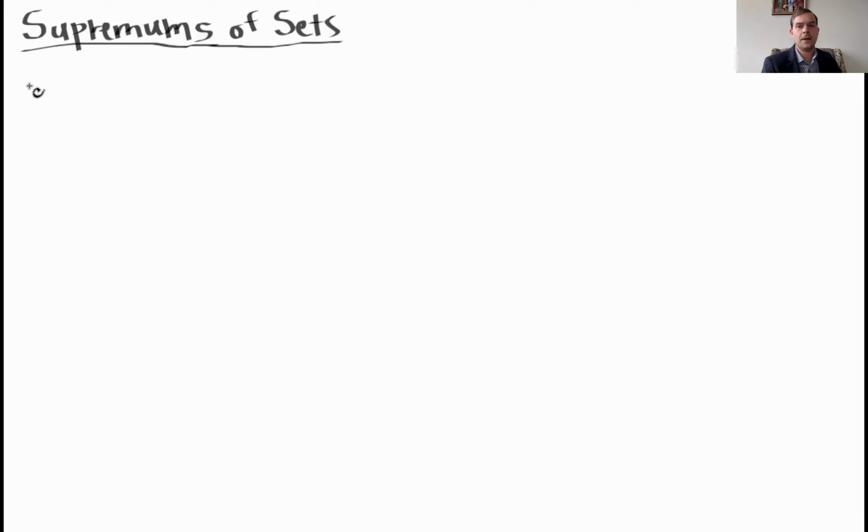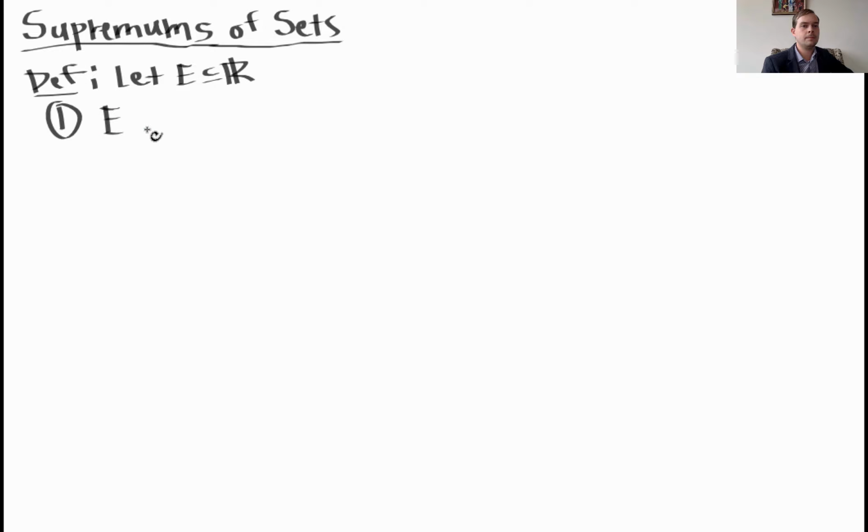So we have to define what we mean by a supremum. So this will be a somewhat long definition. The first part of the definition is we need the notion of a bound for a set. So first we're going to let E be some subset of the real line.